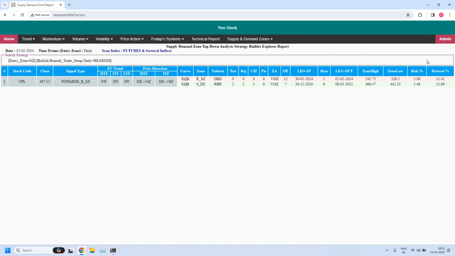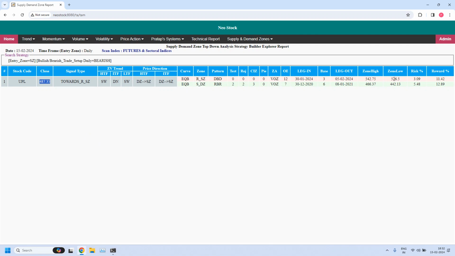Let us filter. One stock is filtered, currently supporting bearish trade setup. And moreover, price is also moving towards the supply zone. But we have a very good reward. The current price is 487.